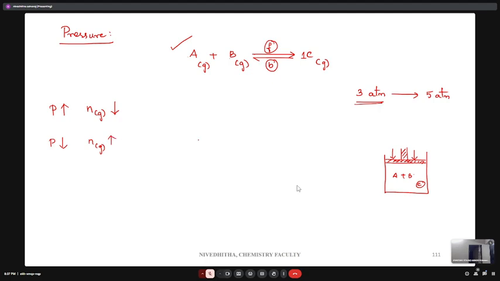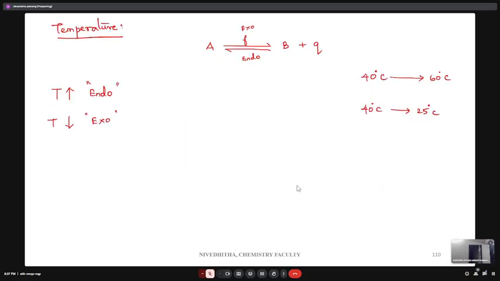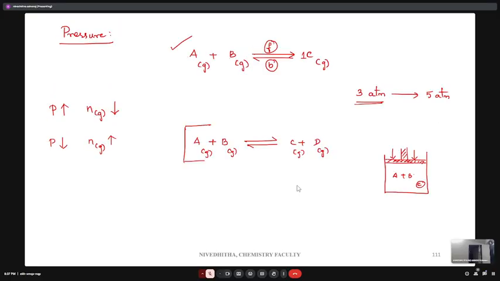If suppose the reaction is like this, here both sides have an equal number of gaseous species, right? So for this kind of reaction, pressure will not have any effect. That's it. So this is the disturbance in terms of temperature, here the disturbance in terms of pressure. Now we'll move on to disturbance in terms of concentration.